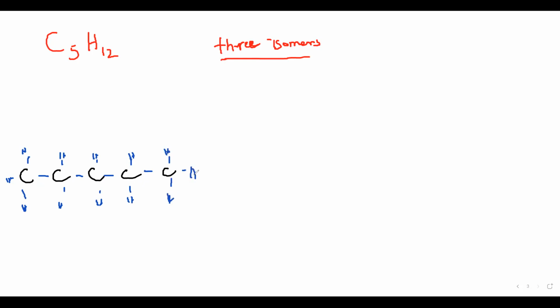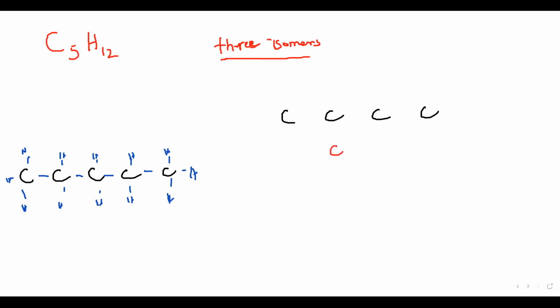So this is one. Now I have to draw the second one. How to draw the second one? I will make a branch. So 5 are there. First I'll put 4: 1, 2, 3, 4. And then I cannot put a branch on the far left or right. I can put it in between. So I put a carbon here, and I can put the branch up or down. It does not make a difference.